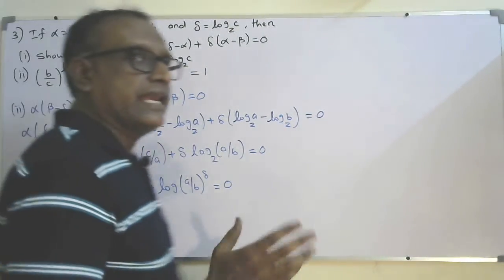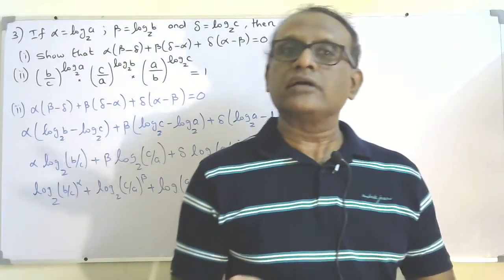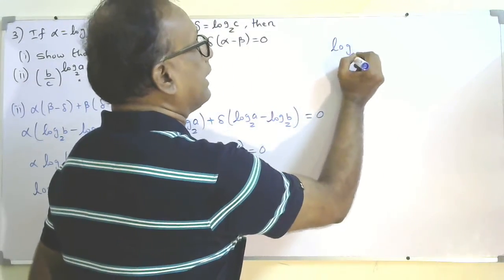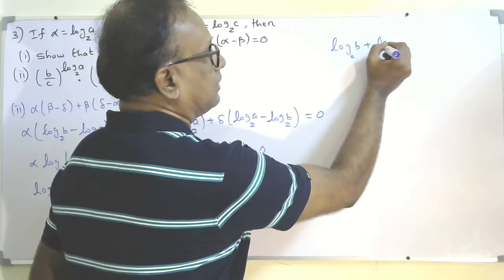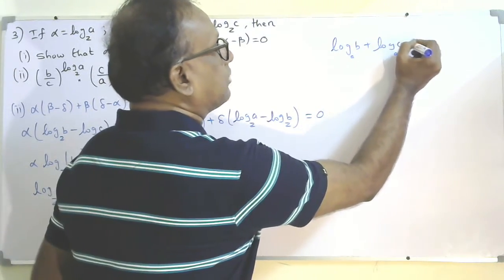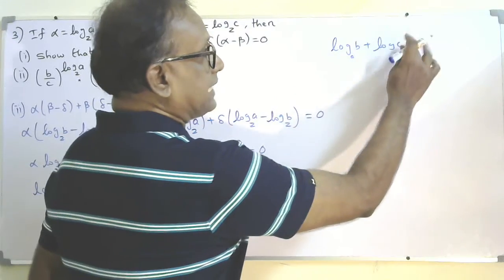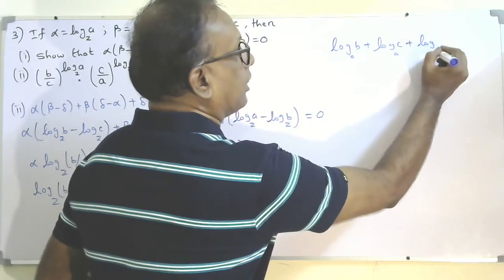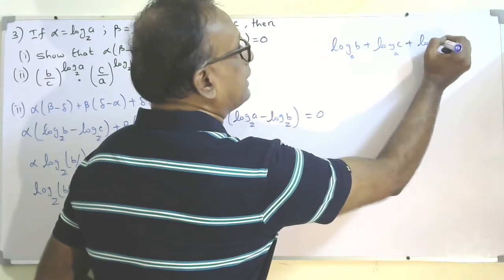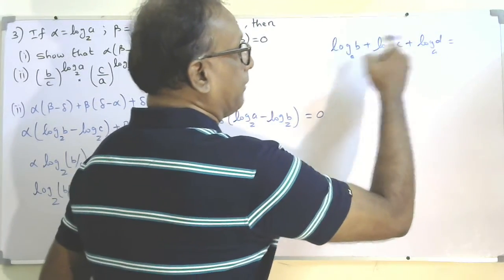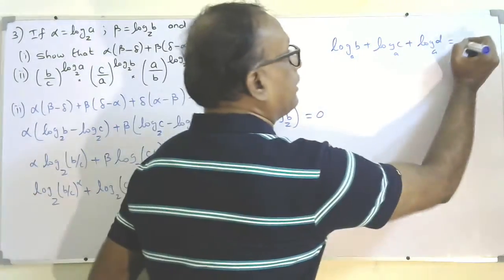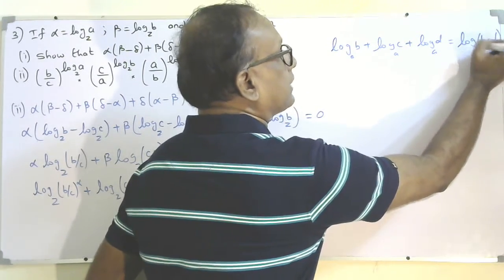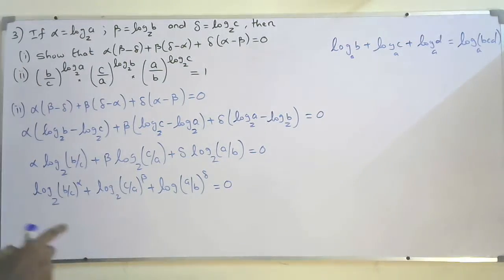We know that log a plus log b equals log of ab, and we learned that earlier. If three logs are added, log of a plus log of b plus log of c equals log of abc. You know that. So I'm going to use that product rule now.